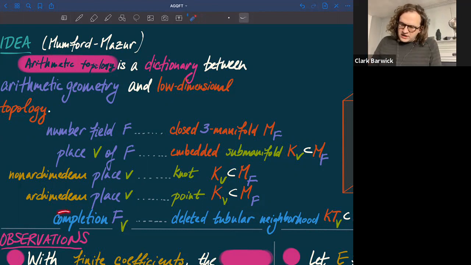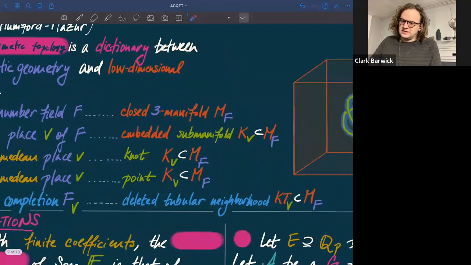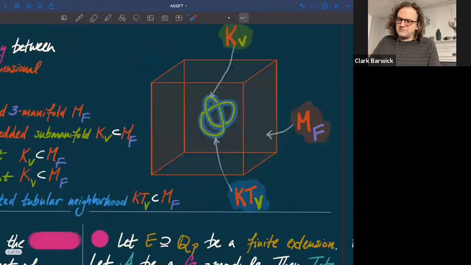And then, what happens if I complete at my place? Then that corresponds to the deleted tubular neighborhood, KT. I'm using the symbol KT to suggest that it's a knotted torus, even though that's stretching the analogy a little bit. KT sub V of MF. And so the picture is something like the following.